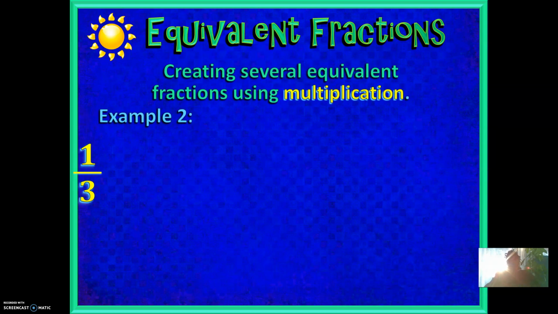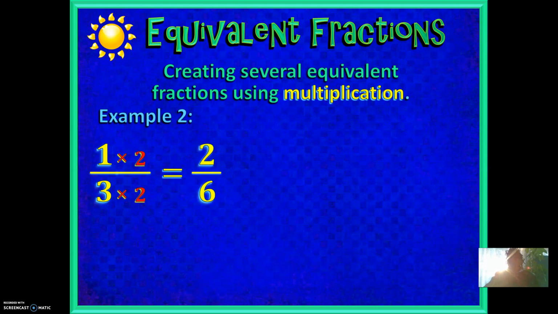We could actually continue and create several equivalent fractions using multiplication. Check the number 1/3 out. If we multiply the top and the bottom by 2, we'll get an equivalent fraction of 2/6. If we multiply those numerators and denominators by 2, we'll get an equivalent fraction of 4/12.